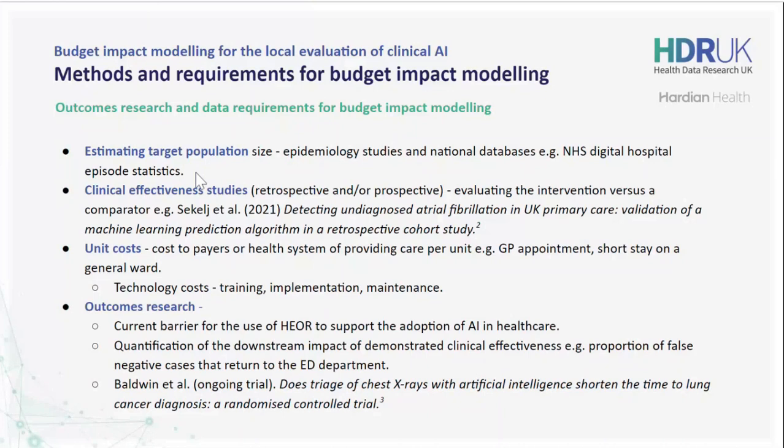You can use epidemiology studies or national databases, for instance, NHS England's digital hospital statistics, and the clinical effectiveness studies. So, going back to the example earlier, demonstrating improvement in reporting accuracy, for instance, these are the studies that are typically quite widely available by now in terms of demonstrating the effectiveness of AI.